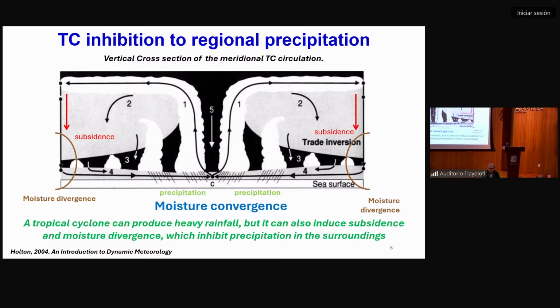Thank you so much for bringing out this topic. It's very interesting for me. Yeah, we didn't analyze the Galvez-Davison index. That's an excellent question. We only use CAPE, and of course, CAPE is underestimated in reanalysis. It's better to use radiosonde data, but as you know, there is not much radiosonde data per day.